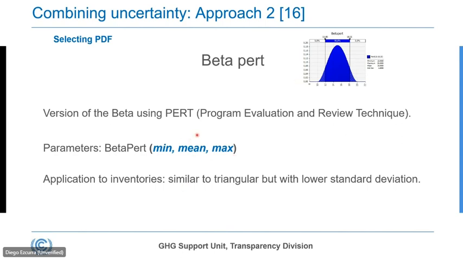And so if you have the confidence interval, you apply the minimum, you apply the maximum, and you put the mean value where your point of estimate is, the most likely value, and you will have a bell-shaped distribution, but with data that is very easy to understand, and it's similar to a triangular. So that's a very good alternative to match those cases.